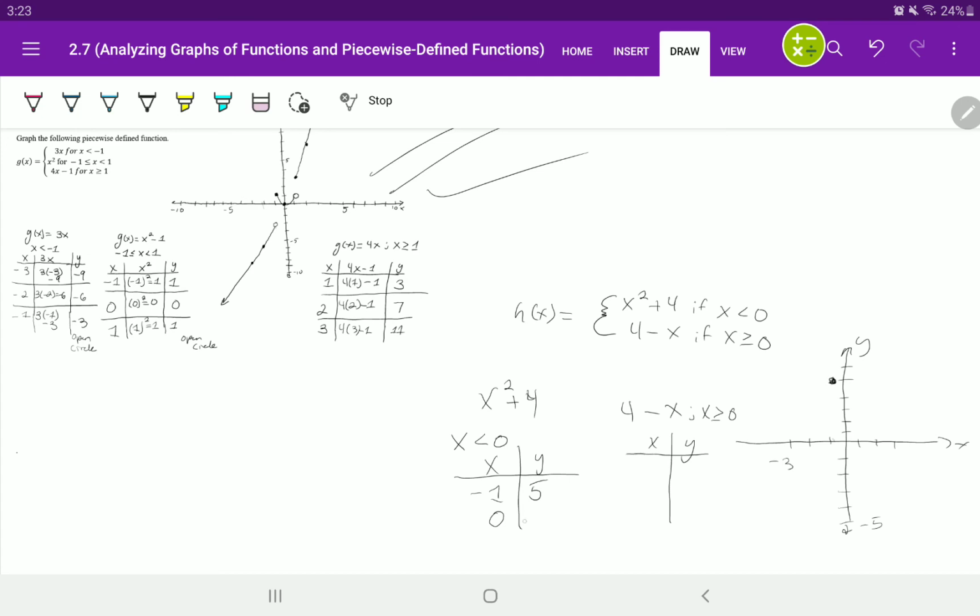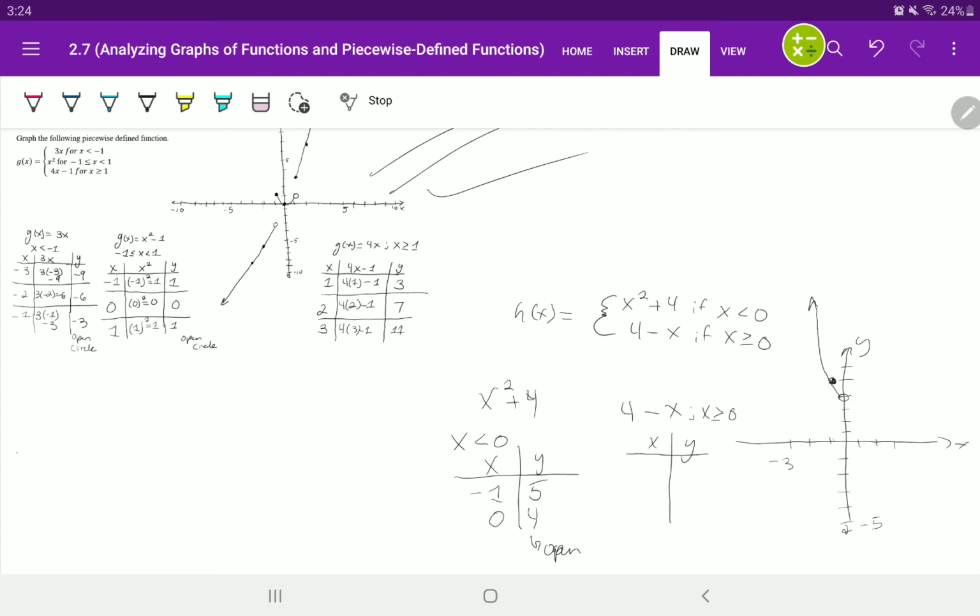Then the point of 0, when I plug 0 into the function, I get 4, but it's going to be an open circle right here. Remember, this is a parabola, so I'm going to go up like this forever on that side.